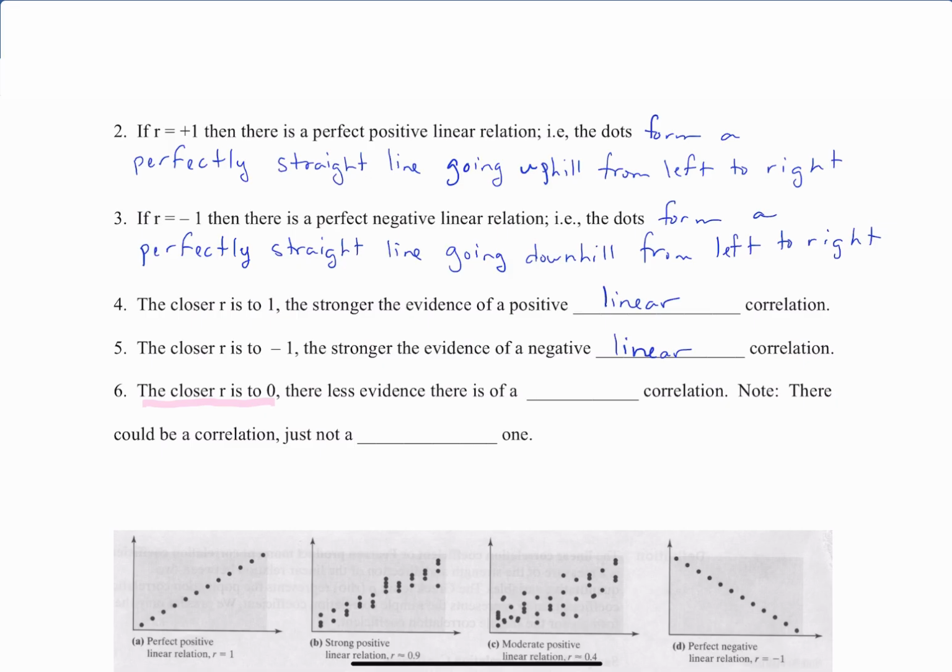The closer r is to 0, the less evidence there is of a linear correlation. Now, there could be a correlation, just not a linear one. Remember, we said that this correlation coefficient r only tells us about how strong the linear correlation is. It doesn't say anything about the nonlinear correlation.